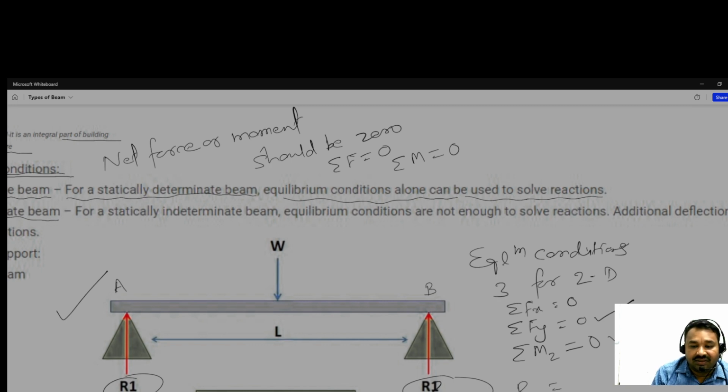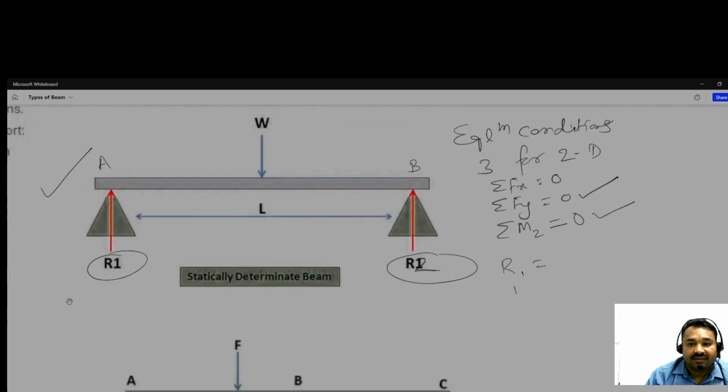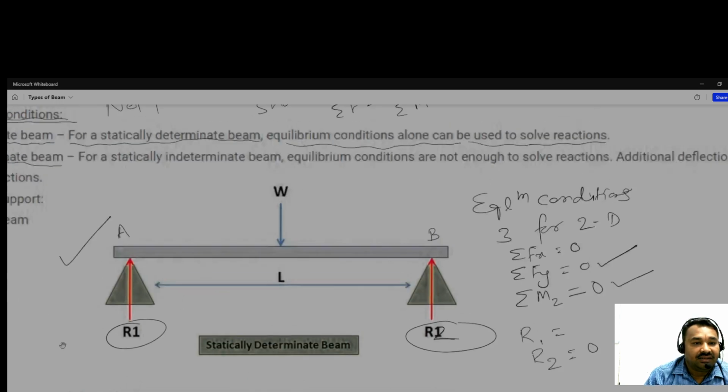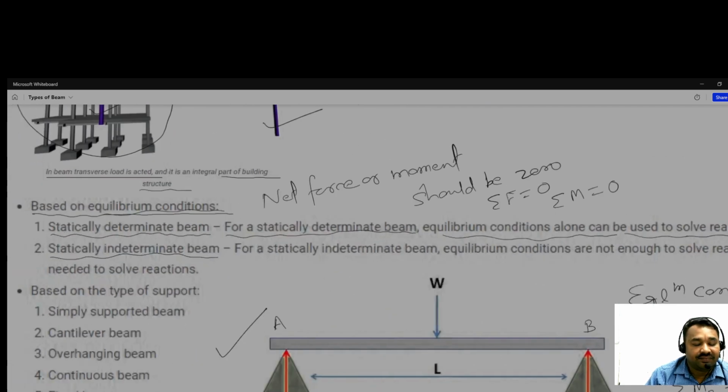We can get R1 and R2. Okay, and let us come back.